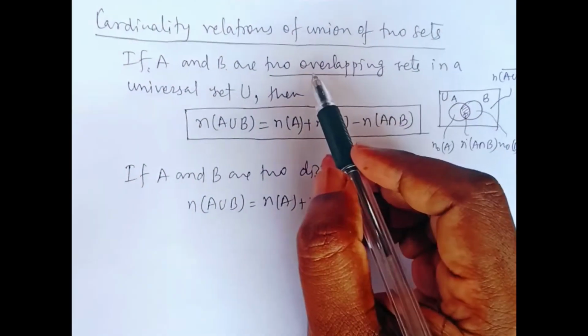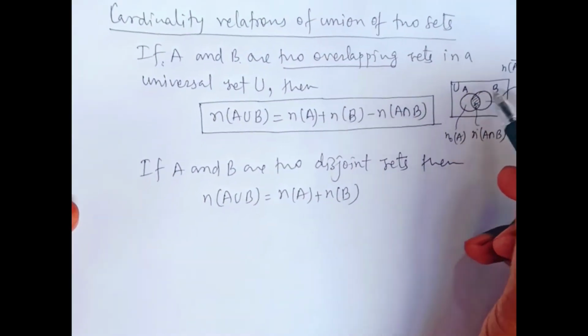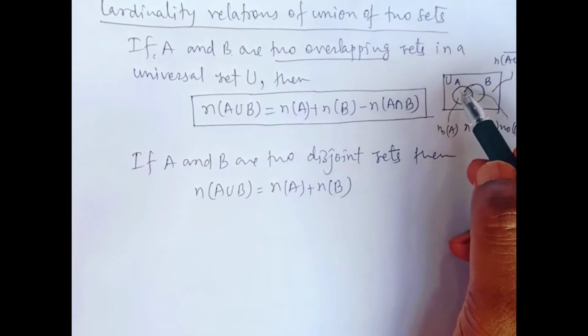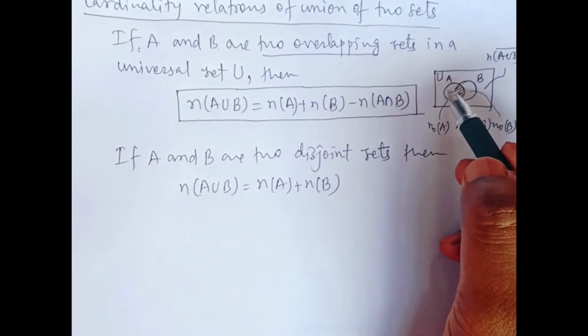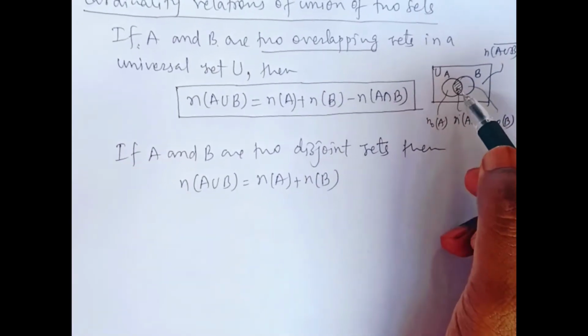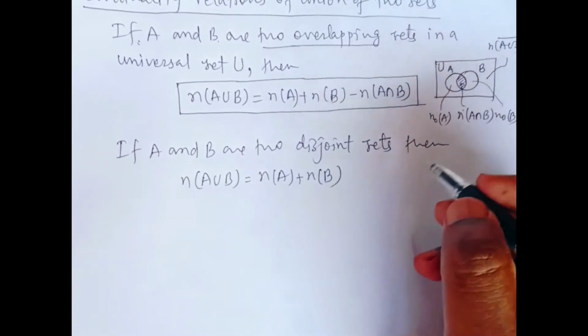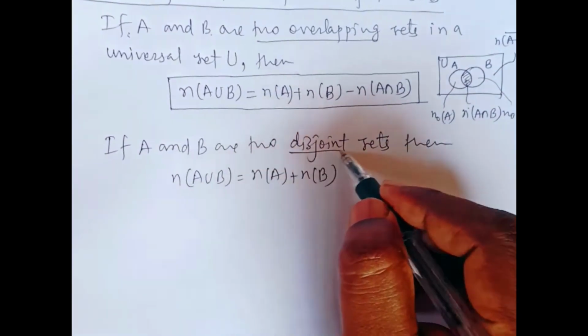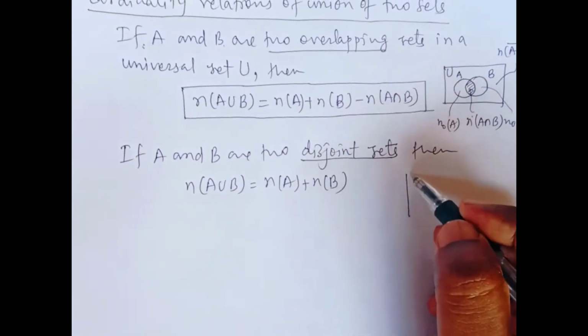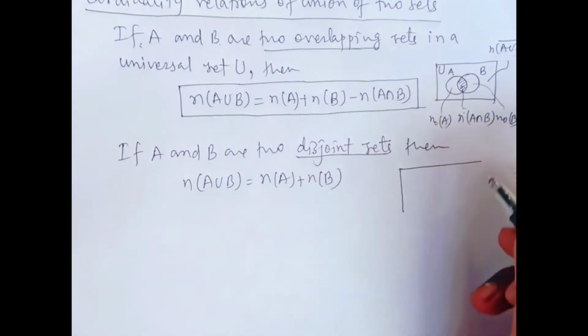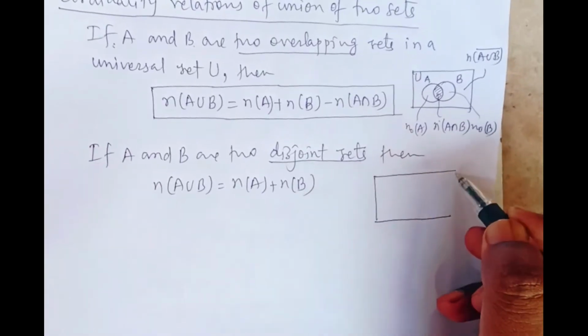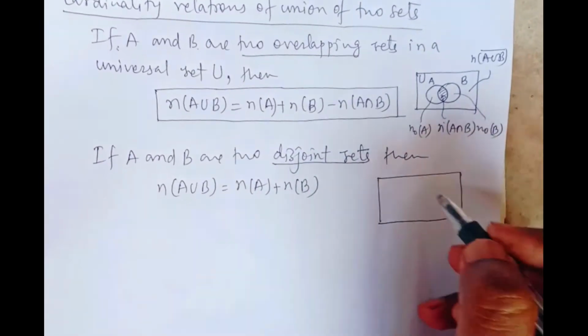So overlapping means having common elements in both sets. But in disjoint sets we know that they have no common elements.